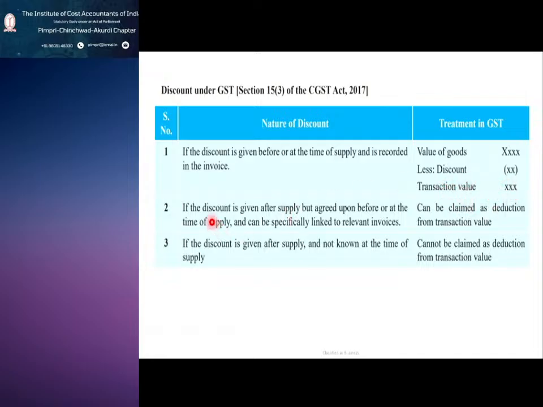Next, if the discount is given after supply but agreed before or at the time of supply, that also can be claimed as a deduction from the transaction value. Third, if the discount is given after supply but not known at the time of supply, then you cannot claim it as a deduction from the transaction value. Till this we have seen in the last class. So you remember this discount part? Okay, fine.